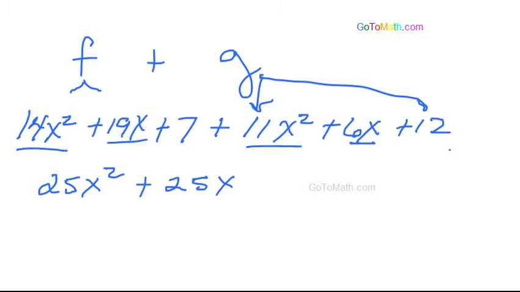And then we have 7 and 12, and that's going to be 19. So there you go. Take the sum of two polynomials and you get a polynomial back. That's a particular rule in algebra. We won't talk about that.